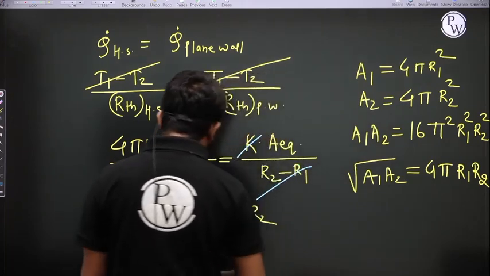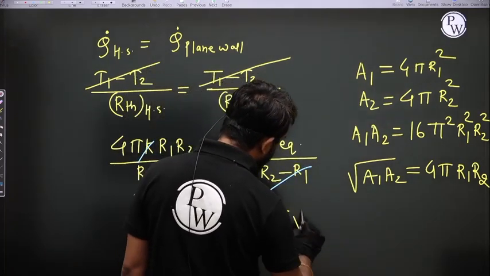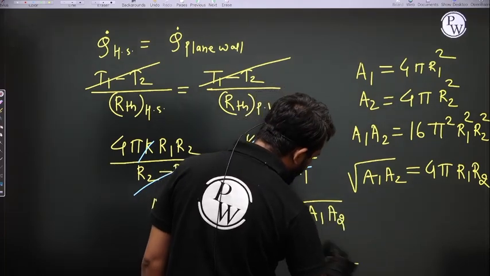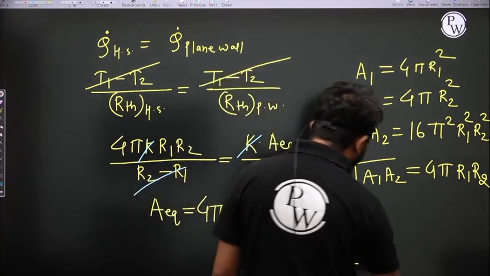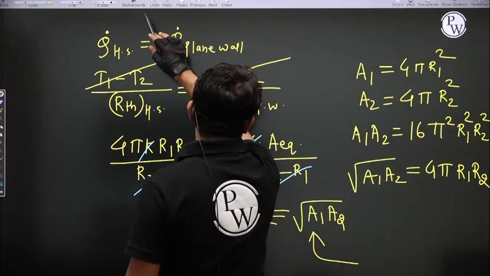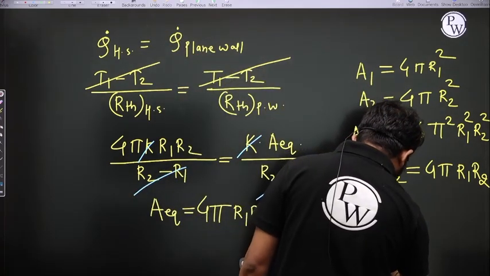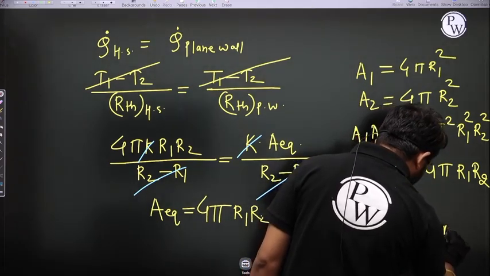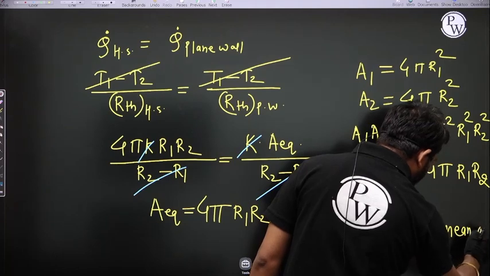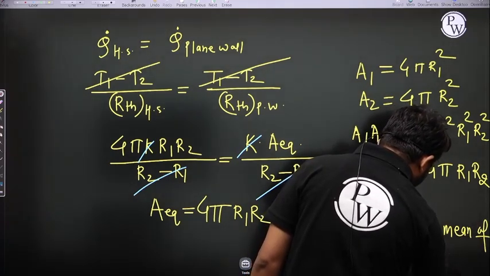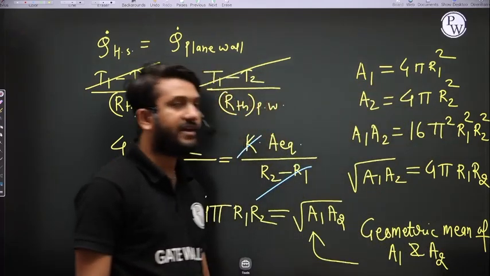So the equivalent area is root over A1 A2, which means it is the geometric mean of A1 and A2.